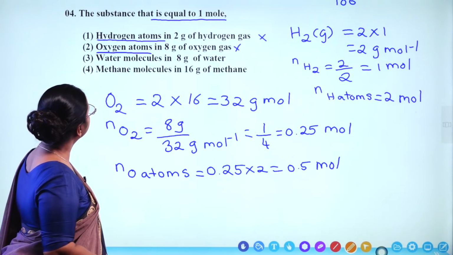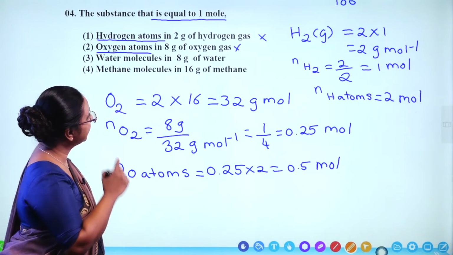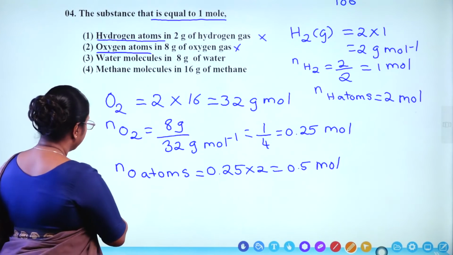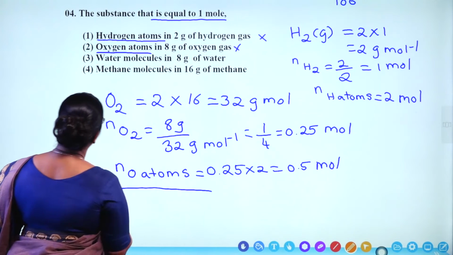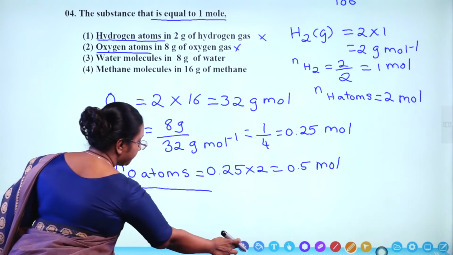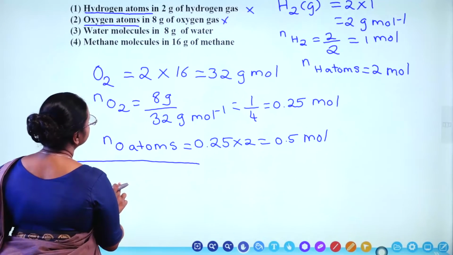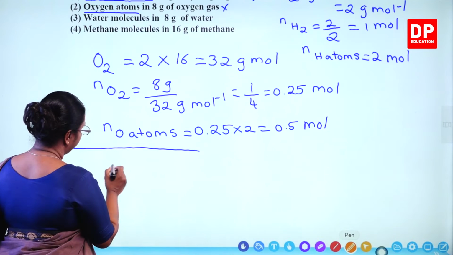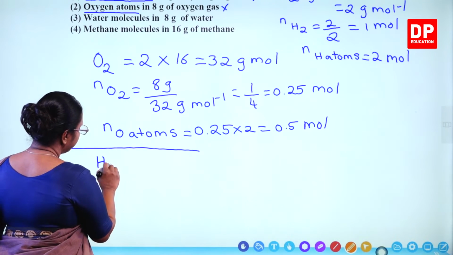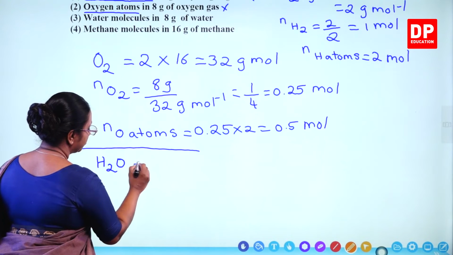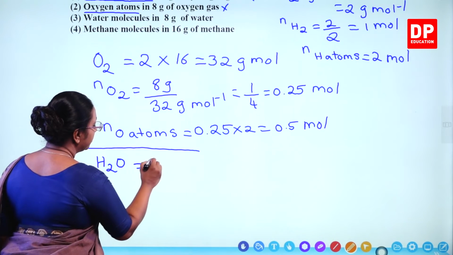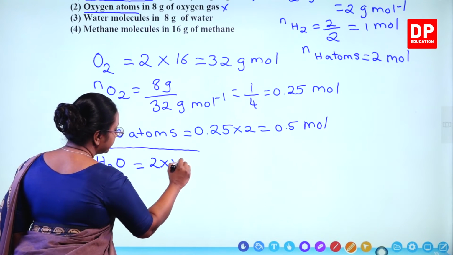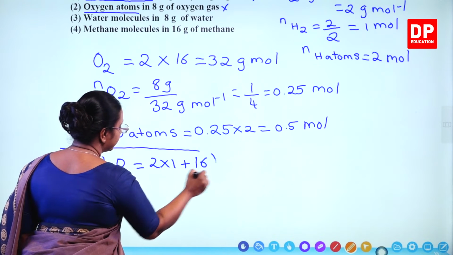Then look at the third one, water molecules in 8 grams of water. So if we do the next calculation, water molecules, now it is 8 grams of water. What is the chemical formula? H2O. So if you calculate, you know 2 times hydrogen plus oxygen 16.